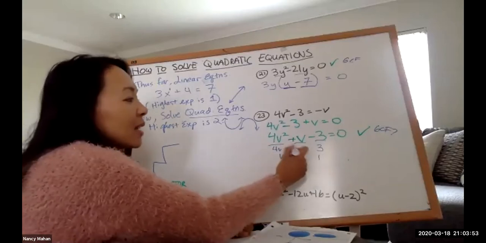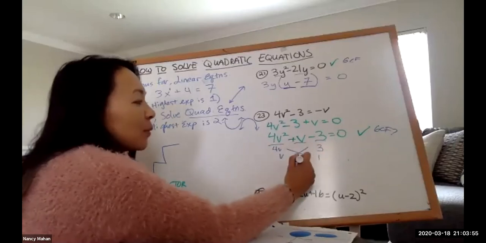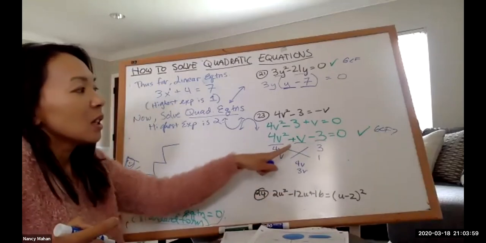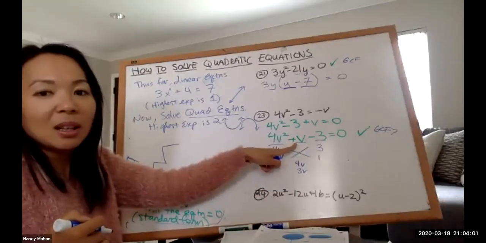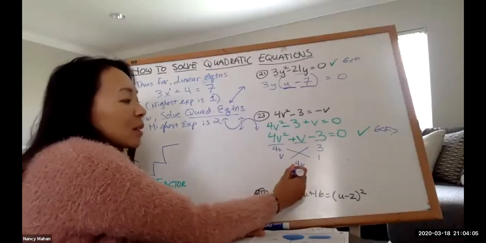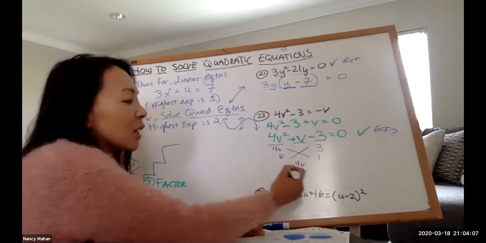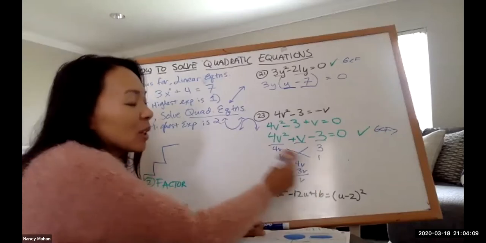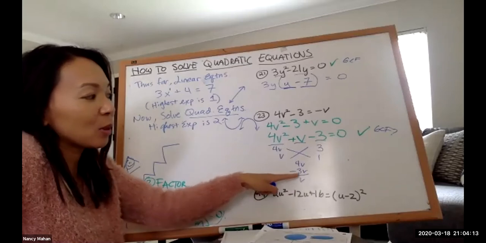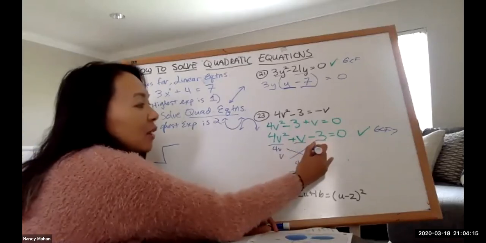So here I'm going to X. When I X, I get 4v and 3v. And then I ask myself, how can I get a 1v out of 4v and 3v? Easy. I'm going to subtract the 3v. If I subtract the 3v, then I will get a 1v, which is what I want. Well, to have a negative 3v, I'm going to have a negative right here.